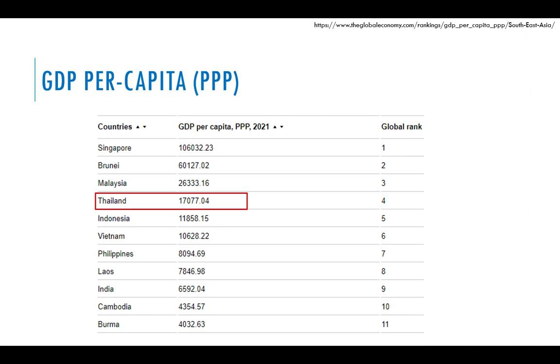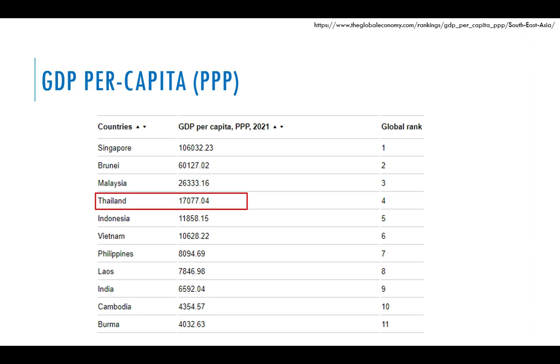So what if we took US prices but multiplied them by Thailand's production and output? Now the number goes up, right? So basically we're saying that what you can buy in Thailand is approximately equal to 17,000-ish dollars of what you could buy in the United States. That makes a little bit more sense when we're trying to compare.